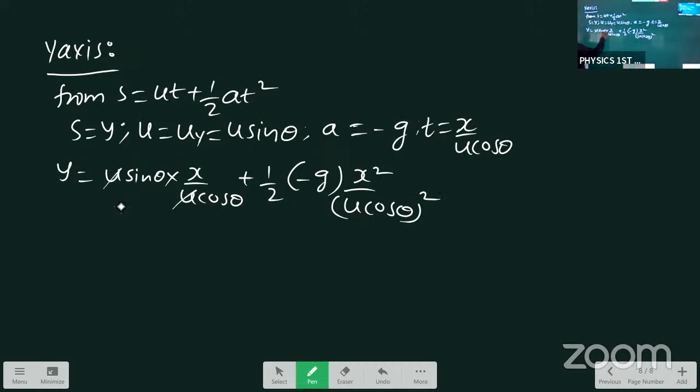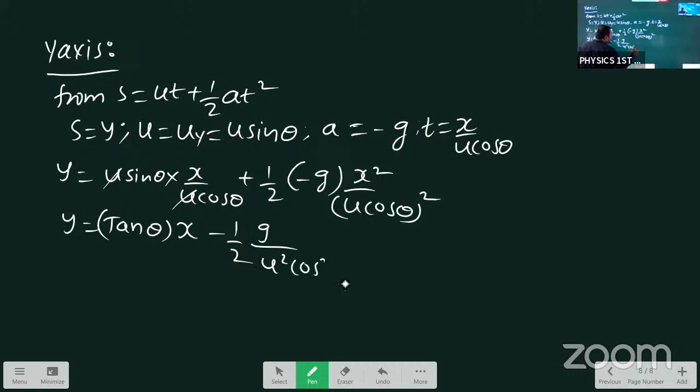U cancels, sin by cos is tan theta, into x, plus into minus, minus 1 by 2 g, denominator u square cos square theta, into x square.